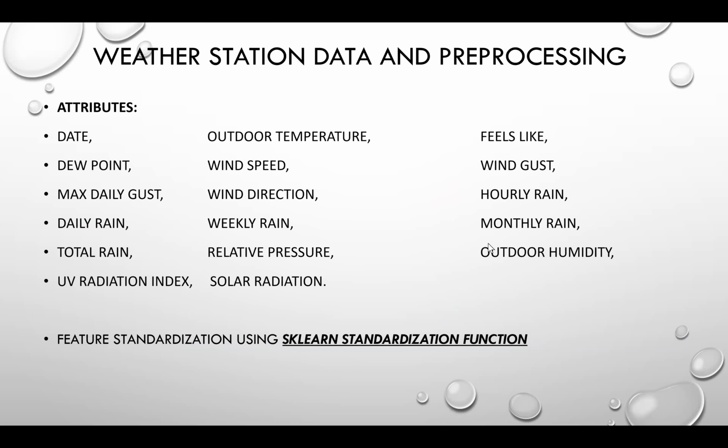The main attributes, those 17 attributes, are shown here: the date, the outdoor temperature, the wind gust, monthly rain, humidity, relative pressure, and so on.